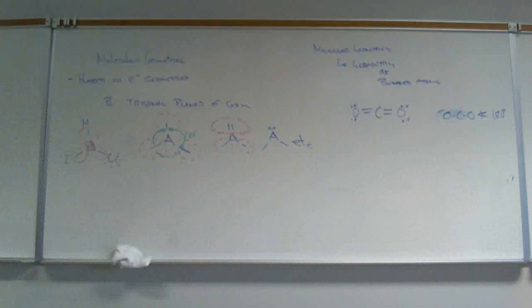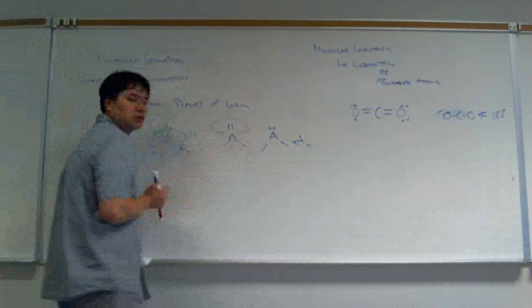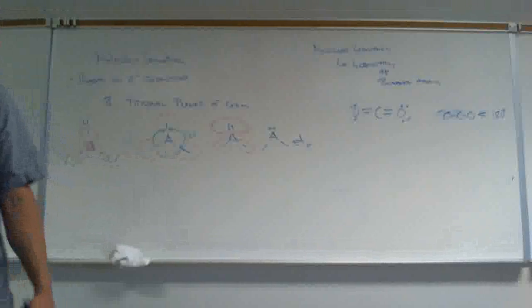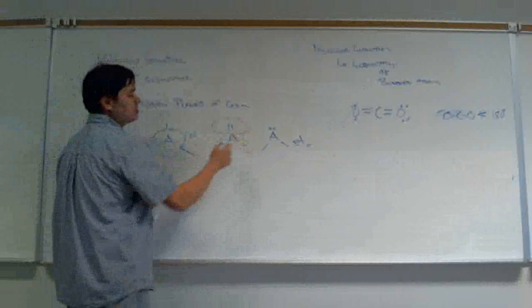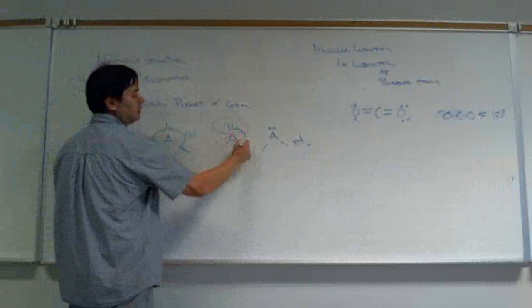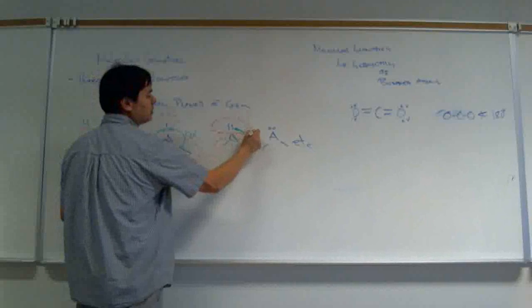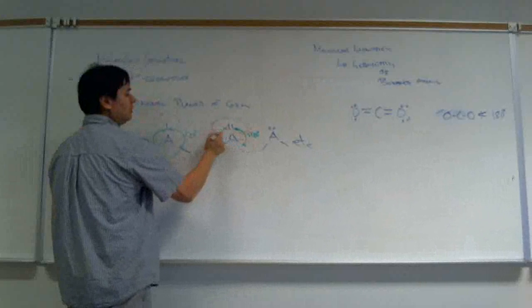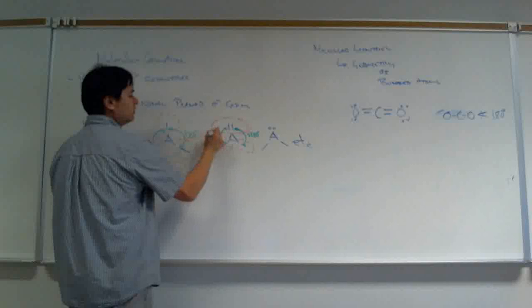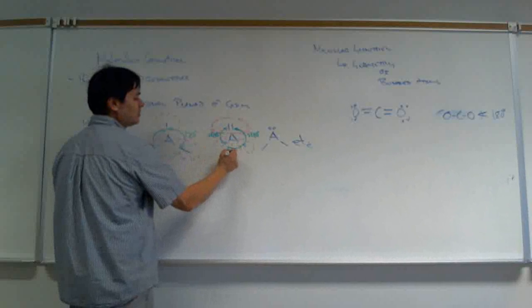The ideal angle should be 120. And the distorted angle, well, we have to look. We look here to here. This angle should be a little more than 120, just a little more. So we'll just say greater than 120. This angle here should be greater than 120. And this one here should be less than 120.